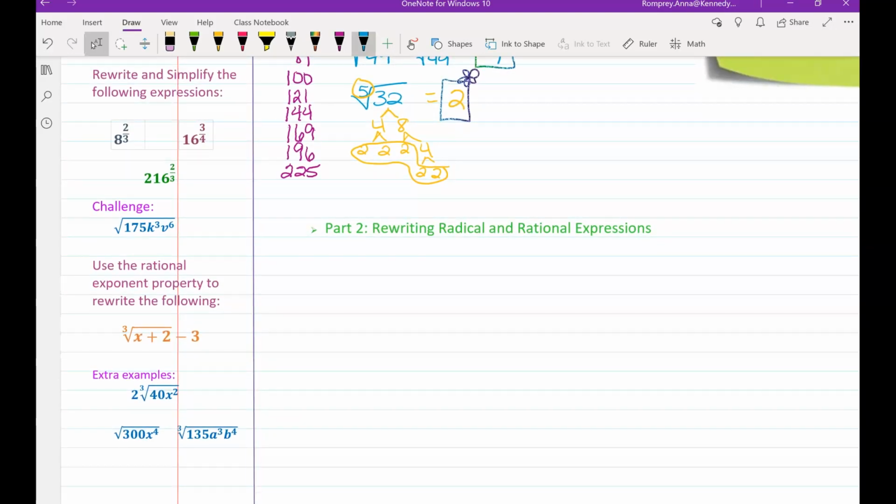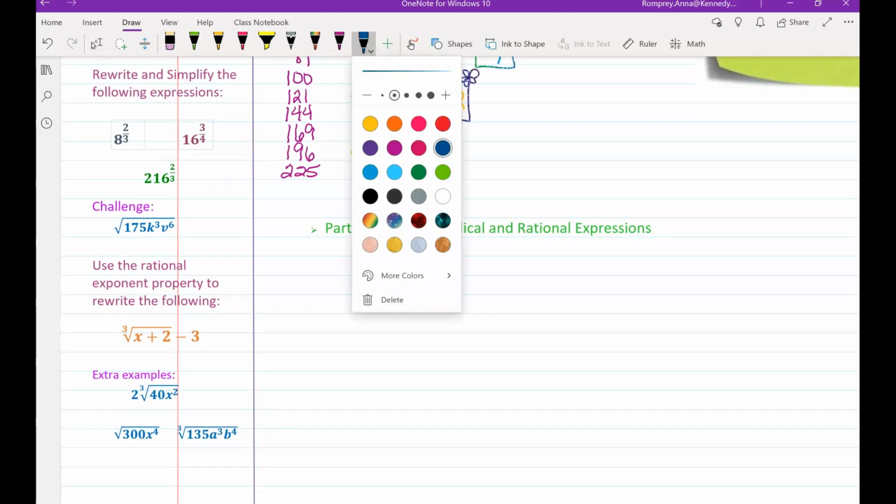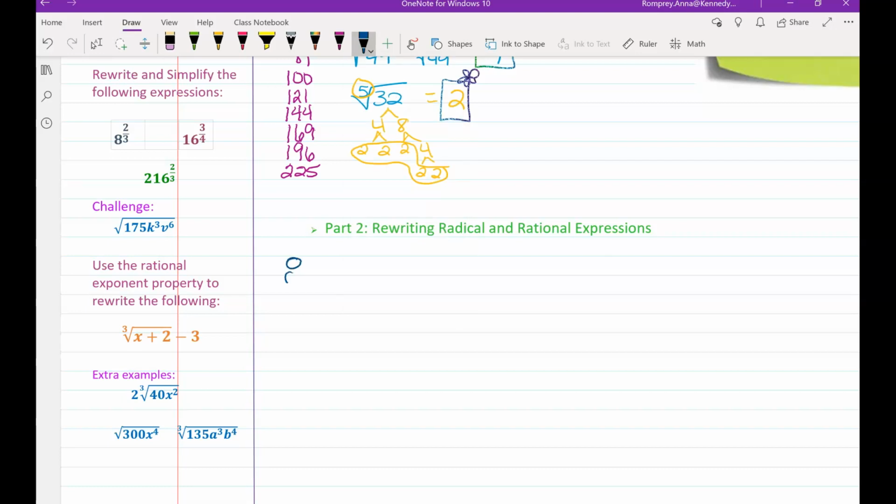So 8 to the 2/3 power. Whenever I start one of these problems, the first thing I do is I circle my index. My denominator is always my index. So I'm going to rewrite this to where my index is 3. My base is my radicand, so that goes underneath.